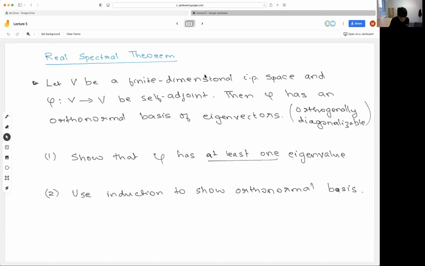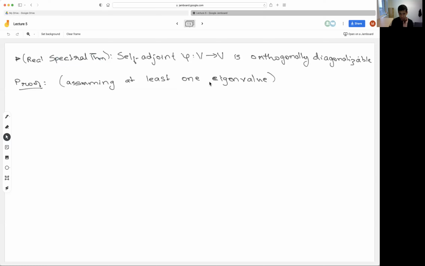So let's first assume, as step 1, that a self-adjoint linear transformation has at least one eigenvalue, and use it to show that we can find an orthonormal basis. And then we'll come back to this issue of finding one eigenvalue. Is the plan okay? We'll implement it, but we're going to assume that it has at least one eigenvalue, and then we'll try to prove this theorem. I'm just writing the theorem again, in a slight shorthand.